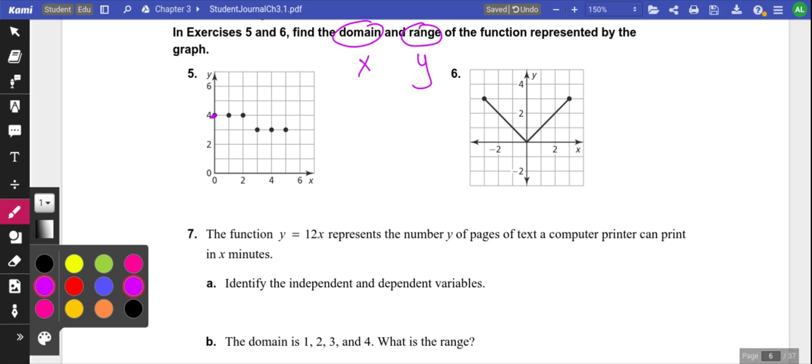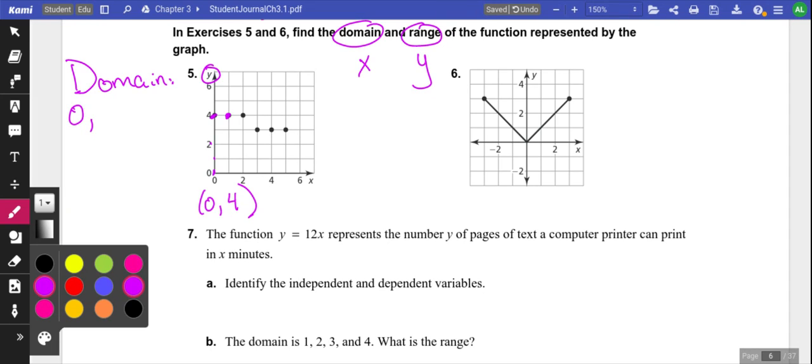You've got this point right here. Don't get confused with what these coordinates are. You've got 0 here as your x value, and then you have 4, 1, 2, 3, 4 up on your y-axis. So if I'm talking about my domain, my first value is a 0.